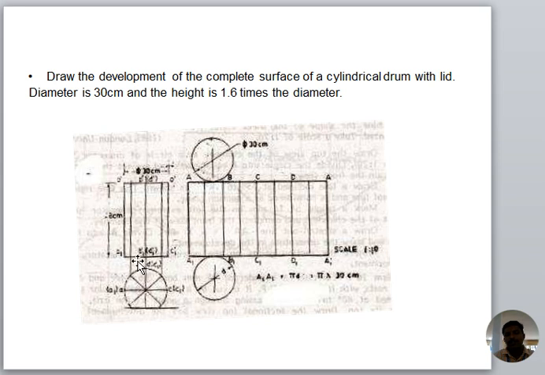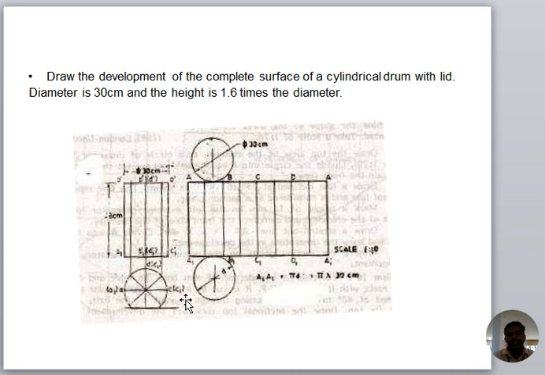Then calculate the height and the length of the rectangle. Height is 1.6 times the diameter, 1.6 into 30 mm.